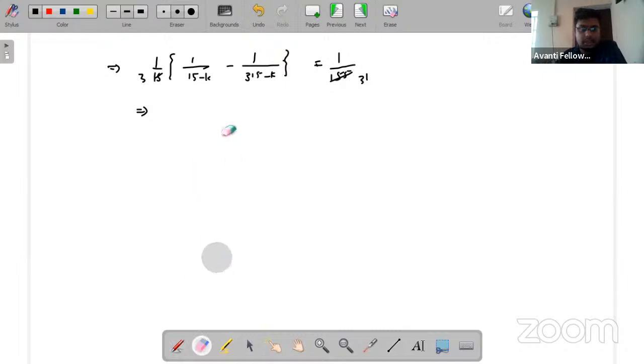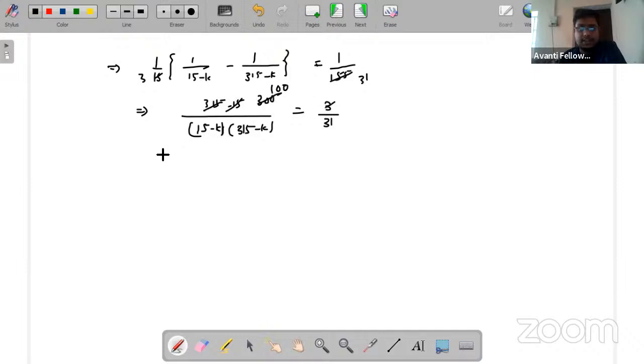If I take LCM, 315 minus k minus this, so only 315 minus 15 is remaining, upon multiplication of the denominator, is equal to 3 upon 31. This is basically 300, and 300 is cancelled with 300 by 100 times. Now again cross multiply. So 3100 is basically equal to 15 minus k into 315 minus k.